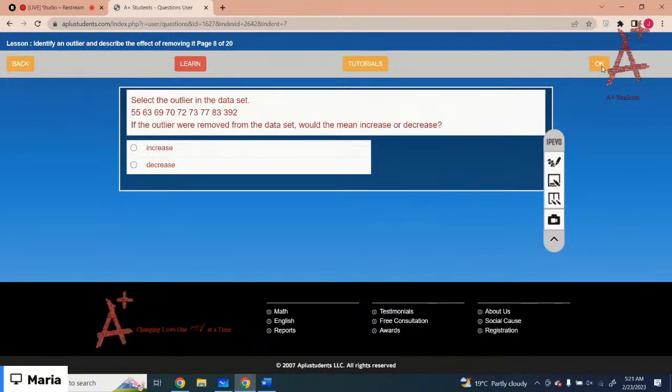Okay. Select the outlier in the data set 55, 63, 69, 70, 72, 73, 77, 83, and 392.